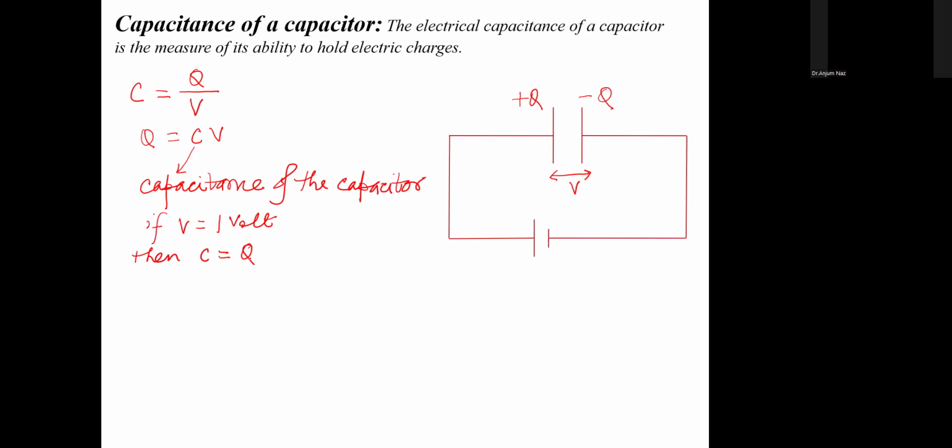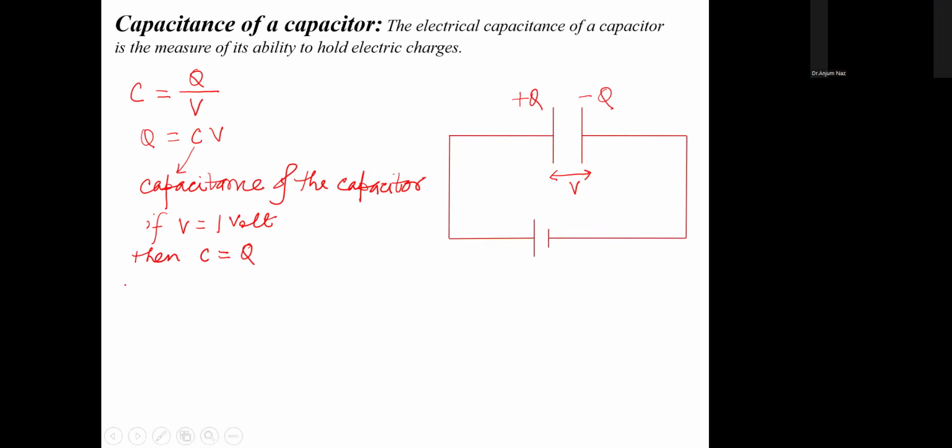It is defined as the amount of charge in coulomb necessary to increase the potential difference between the plates by 1 volt. That is, capacitance is the charge on the capacitor when the potential difference between the plates is unity.